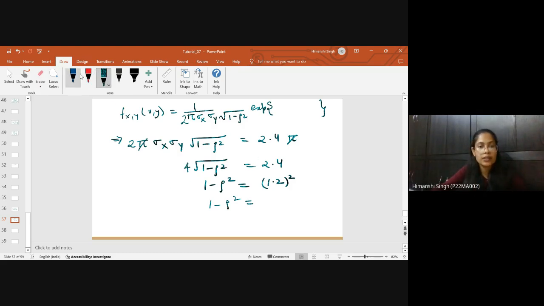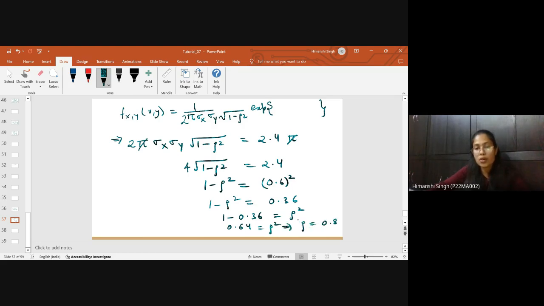So it will be 0.6, which squared is 0.36. So 1 minus 0.36 is the rho square, which is 0.64. So rho square is 0.64, which implies rho is 0.8.